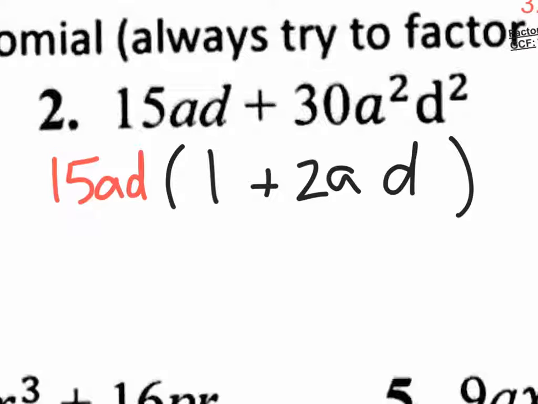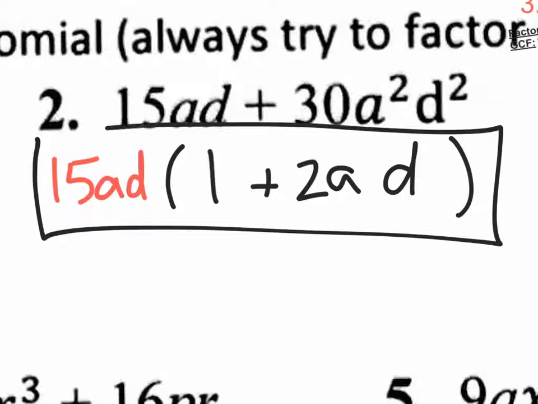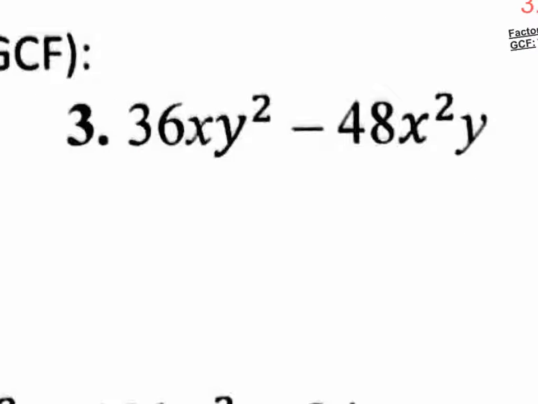D times d will get you a d squared. So ladies and gentlemen, the final factored form is 15ad times (1 + 2ad). The GCF was 15ad, and after pulling it out, you just have a 1 left over with a plus 2ad left over. Let's do another.